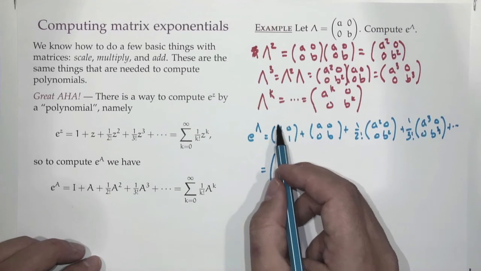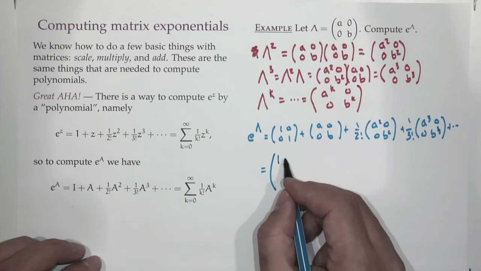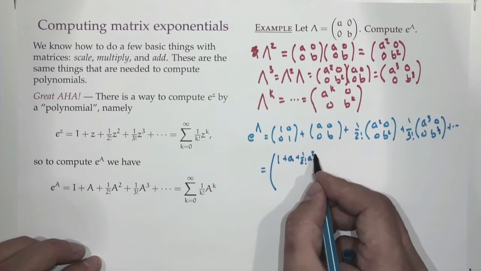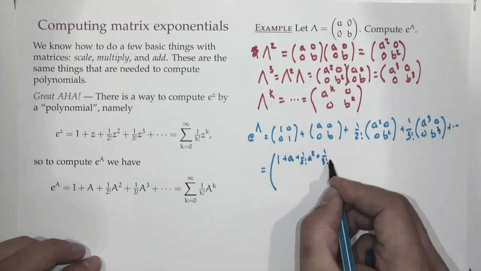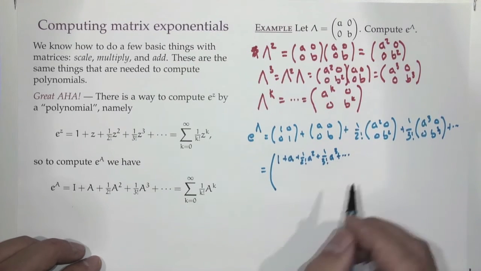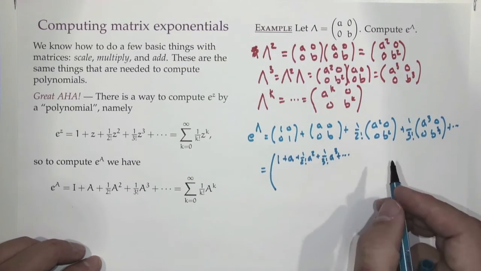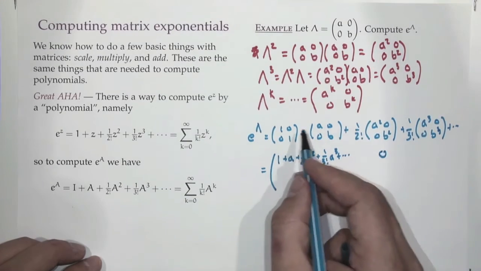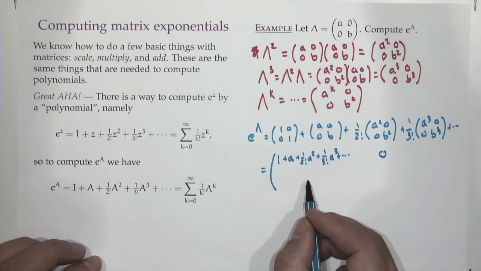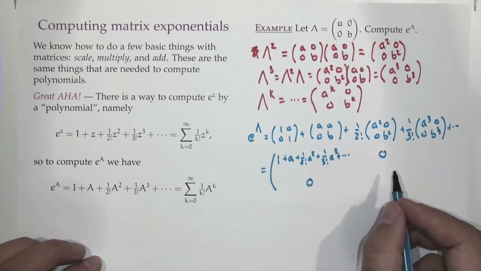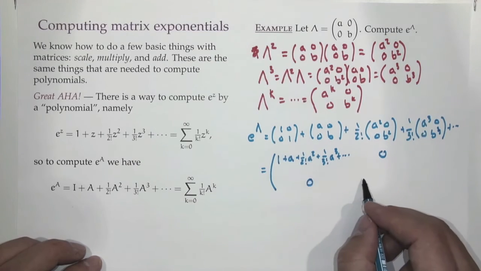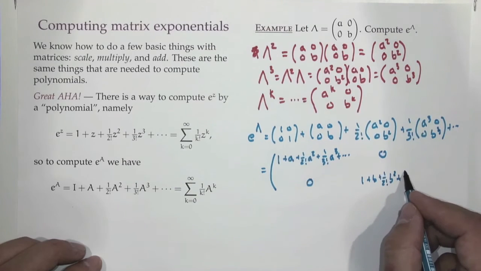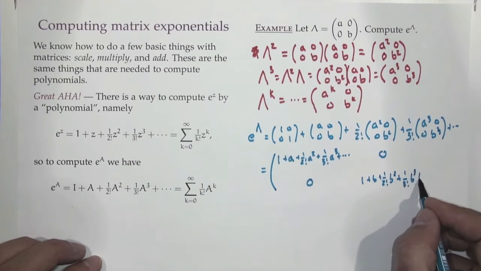In the upper left corner, you get 1 plus a plus 1 over 2 factorial a squared plus 1 over 3 factorial a cubed, and so forth. Upper right corner will be 0, because they're all zeros. Bottom left, 0. Bottom right, 1, b, 1 over 2 factorial b squared, 1 over 3 factorial b cubed.